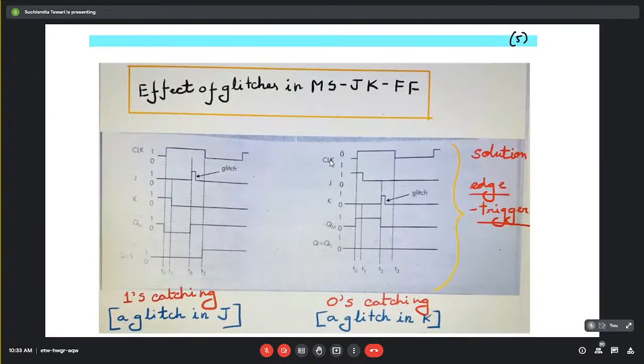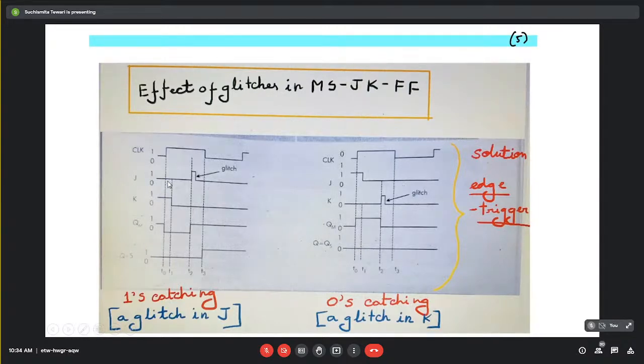So here we can see the effect of glitches. This is the clock pulse. The J and K: when the clock is enabled, J was 0 and K was 1. So with 0 and 1, the output of the master flip-flop here should be 0.